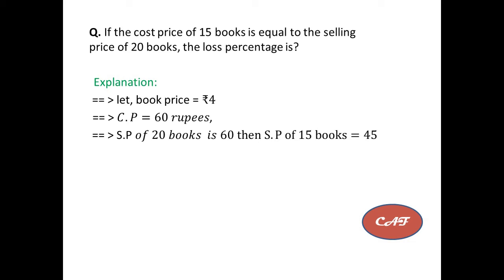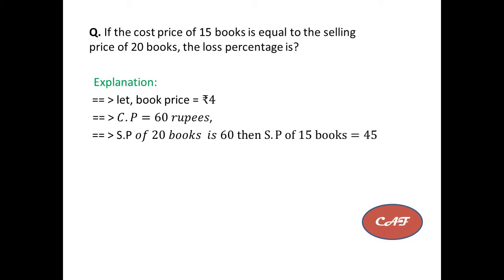Here he told that the SP of 20 books is 60, meaning the person sold those 20 books at 60 rupees, which means each book's cost will be 3 rupees. Then 15 books is equal to 45 rupees.